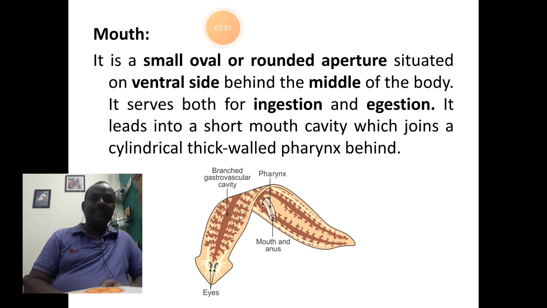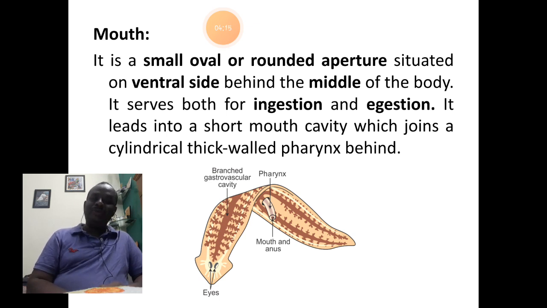Mouth is a small oval or round opening seen on the mid-ventral side of the body of the Planaria. It is the common opening for both intake of food and addition of digestive waste.